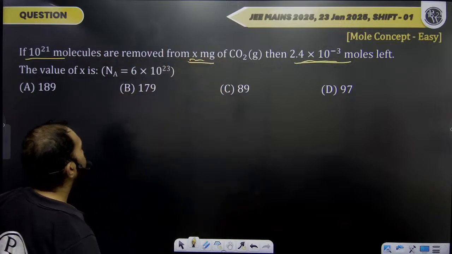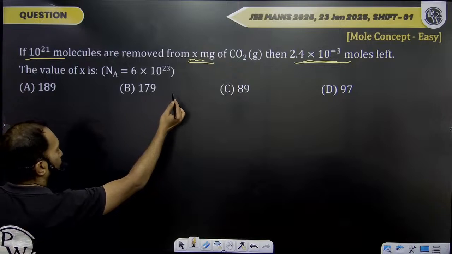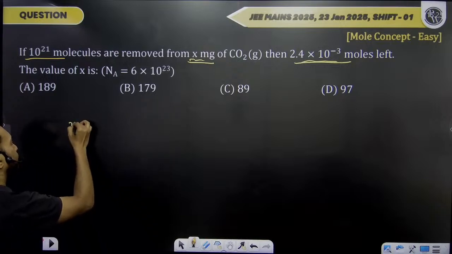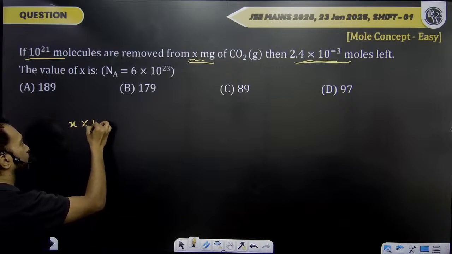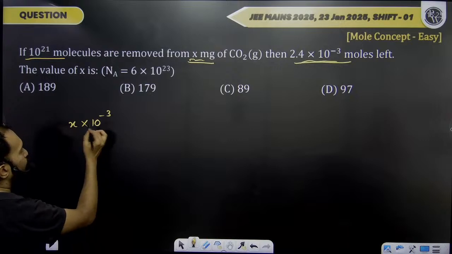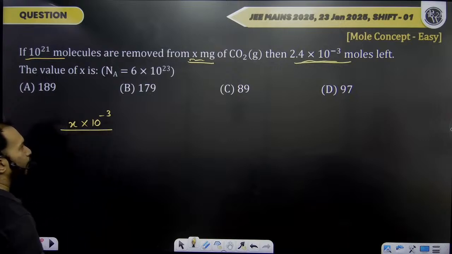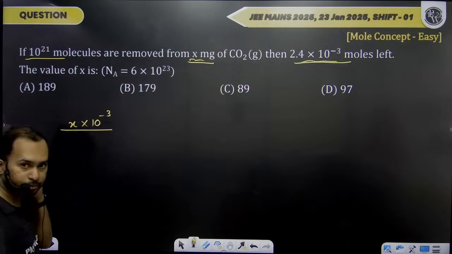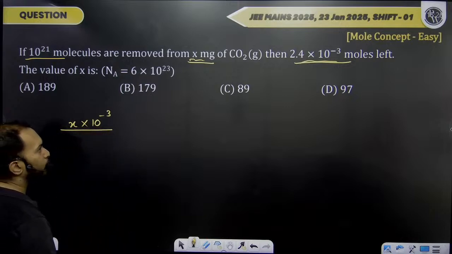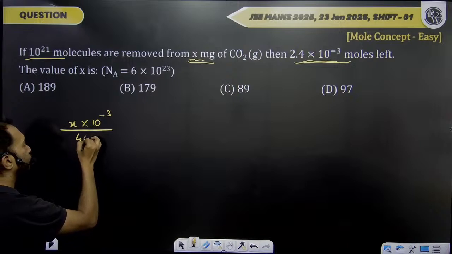So let's begin. Initially, what was the amount of CO2 present? It's saying X milligram. X milligram, let us convert this into grams. So you will multiply it with 10 to the power minus 3. So this many grams of CO2 were present. That means how many moles of CO2 were present? What you will do? Given mass divided by molecular mass. The molar mass of CO2 gas is 44. Okay.